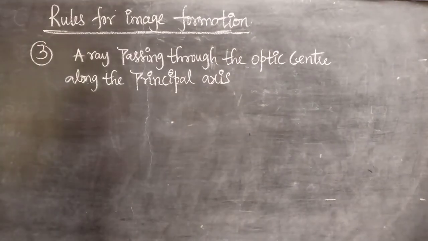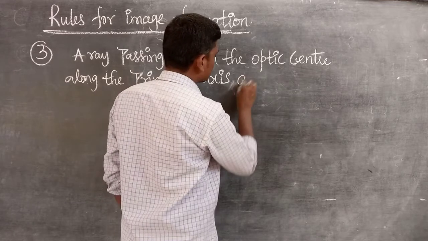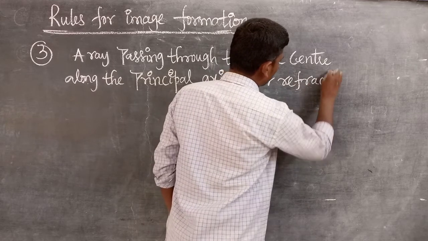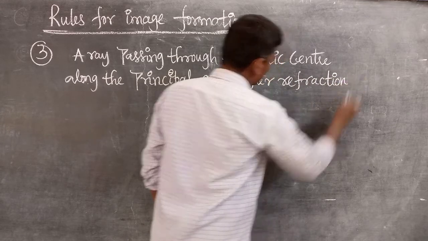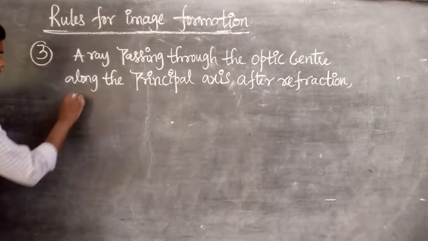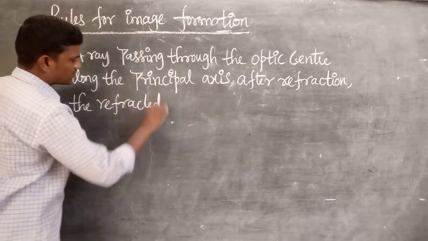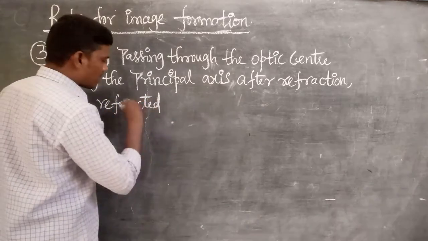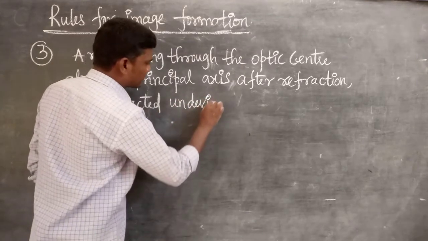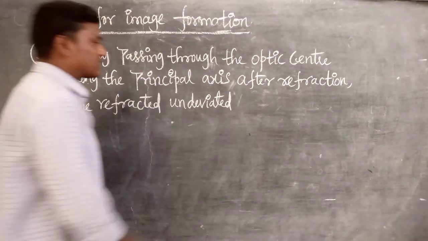A ray passing through the optic center along the principal axis. After refraction, the refracted ray is undeviated from its path.